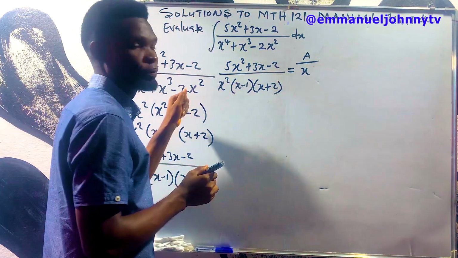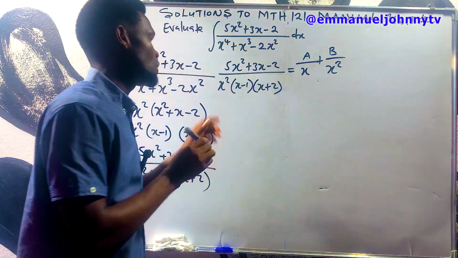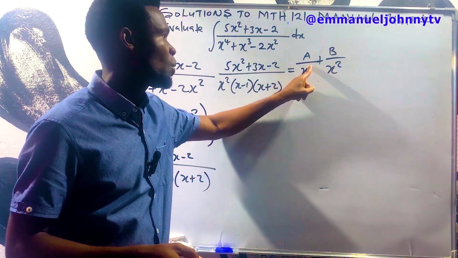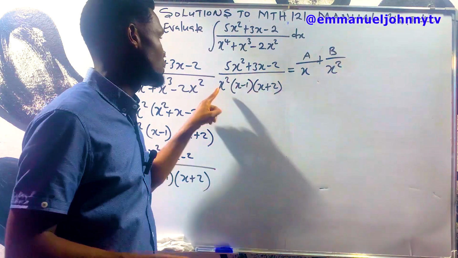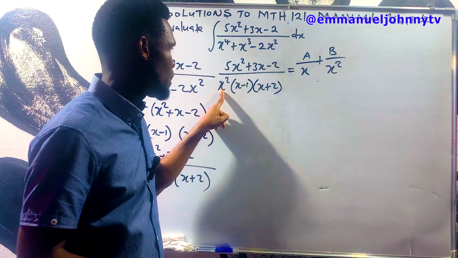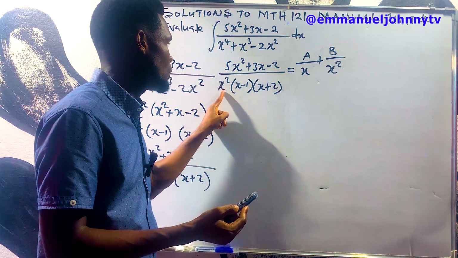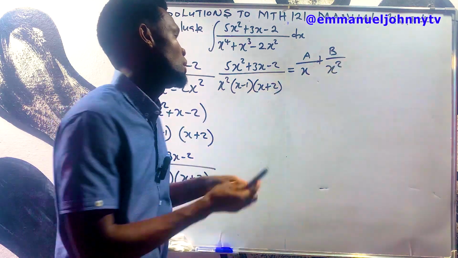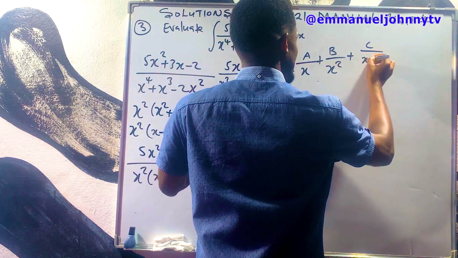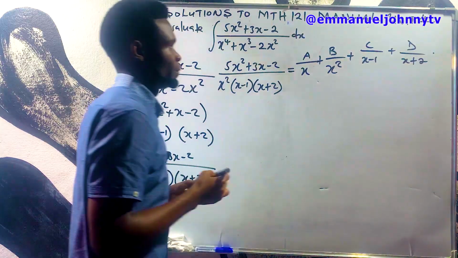So pick one of the x, a over x, plus b all over x squared. In other words, bring out 1x, and the next one is x squared, from power 1 to power 2. That's how to split a non-factorizable quadratic. You pick power 1, then the next thing you drop the whole function there, x squared, plus c over the next one, x minus 1, plus d over the next one, x plus 2.